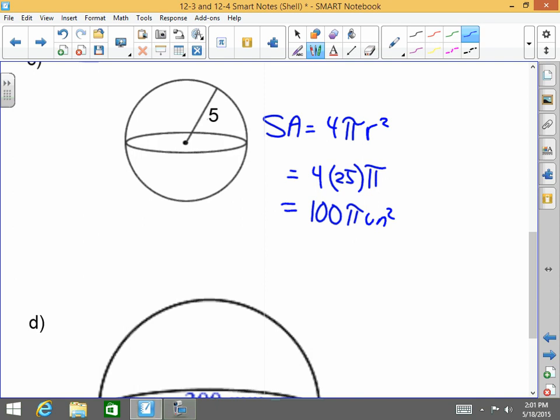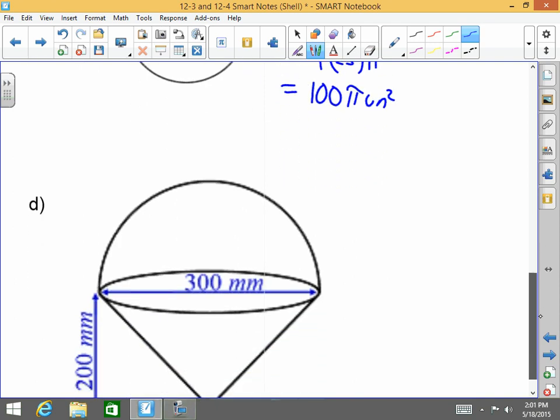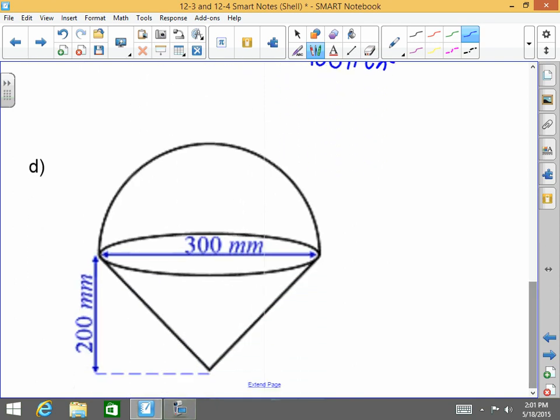All right. Now, D. D is awesome. I love D. D is actually quite easy. This up here, guys, it is a hemisphere. Half of a sphere is called a hemisphere.